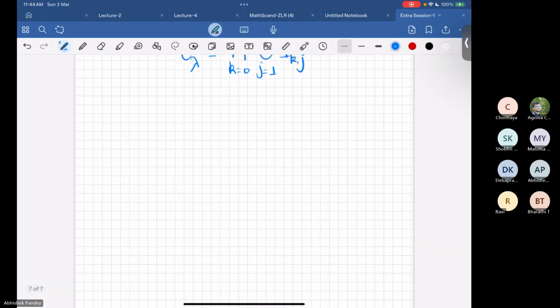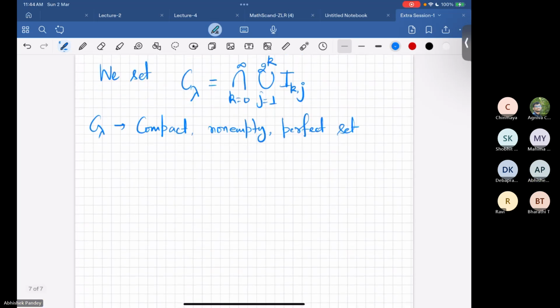Okay, so basically this C lambda is again what we know. It has these properties: compact, non-empty, perfect, and therefore it is uncountable, and Lebesgue measure 0. All the properties of this 1/3 Cantor set.